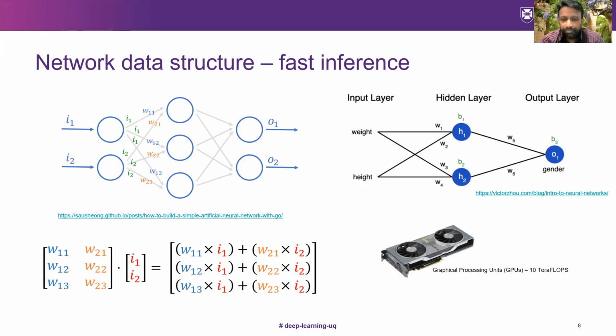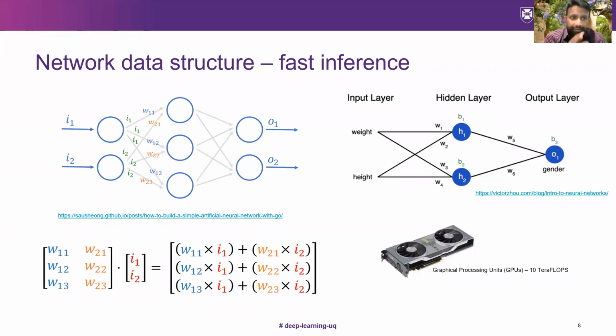And due to recent advancements in 3D gaming, where games try to render as much detail as possible in as many frames as possible, as fast as possible, you need to do it in parallel. So all of these graphical processing units, GPUs, actually have the capability to do large amounts of matrix multiplications very quickly in parallel. And there are open source frameworks that allow you to harness those technologies.